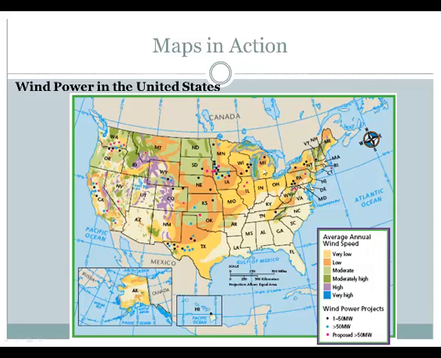I would say we're probably more in the moderate range, at least in the central Michigan area. But right along the lakeshore, there are pretty high amounts of wind as well, due to the temperature difference between the lakes and the land. So we get kind of a sea breeze, land breeze going on there due to those temperature differences.